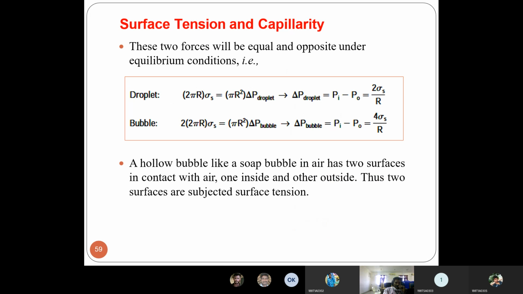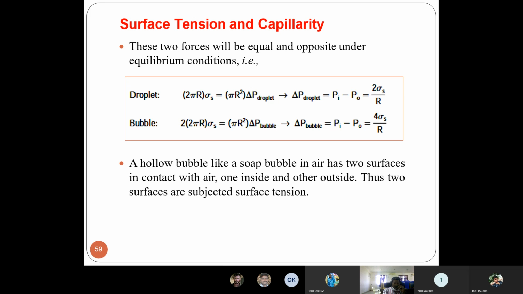For the droplet, consider tensile force equal to pressure force. Here pi r square gets cancelled on both sides. So what is the remainder? 2 sigma s is equal to the pressure difference delta p.